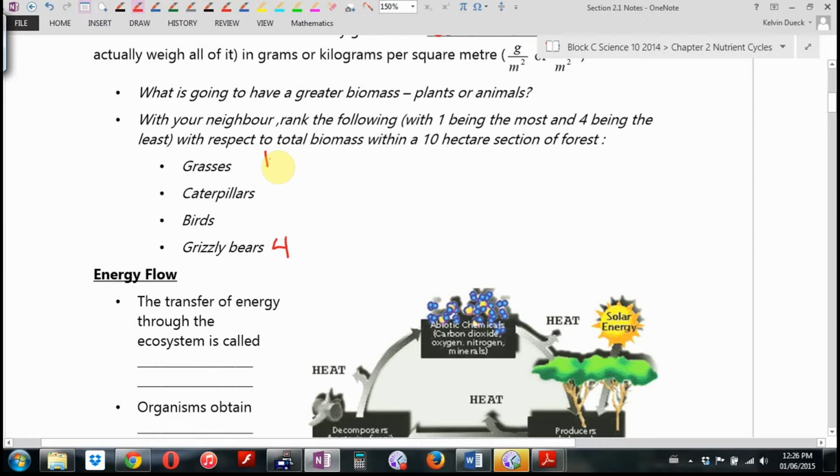Now, to think about the rest, think about what eats what. So if there's the most grass, I think the second most, since it needs to get its nutrients from somewhere, will be the thing that eats the grass. Bears? Really? Oh, I want to go walking in the woods with you someday. Don't bears eat grass?